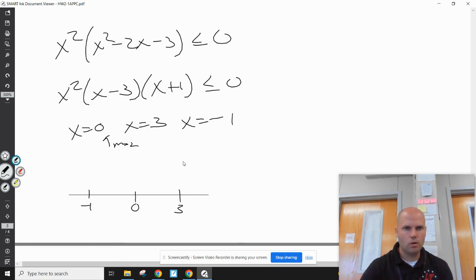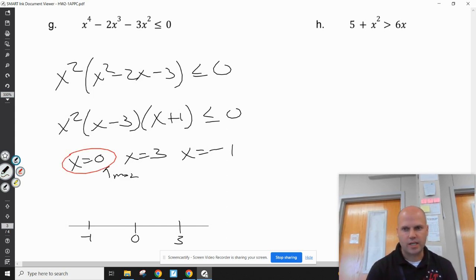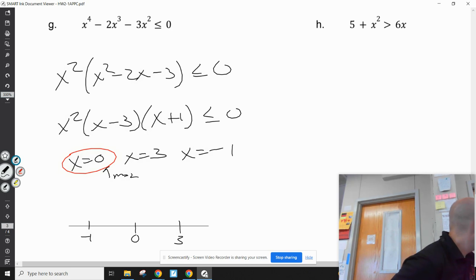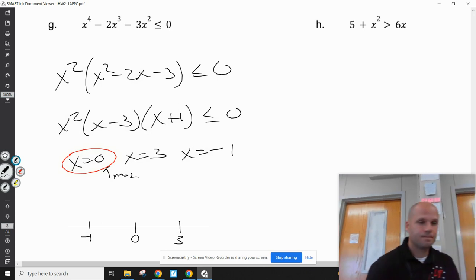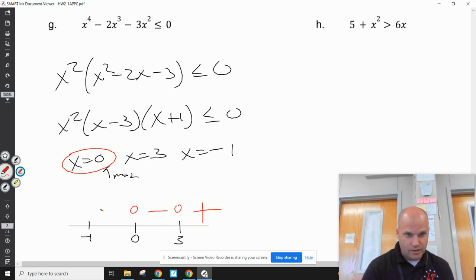If you want to say, I'm not changing signs when my multiplicity is 2, great. Use a test point. Plugging in something like 5, positive, positive, positive. Change signs at 3. Don't change signs at 0. Change signs at -1.